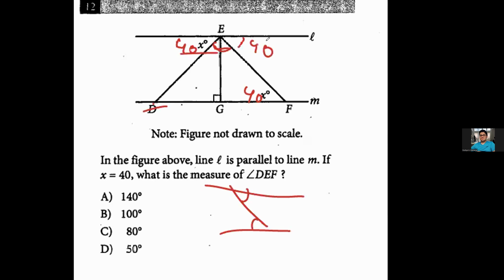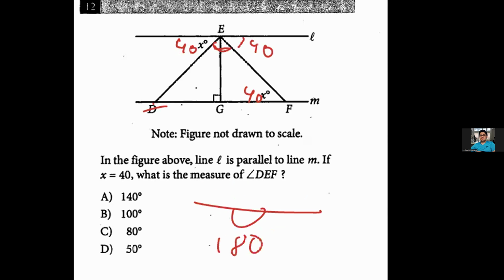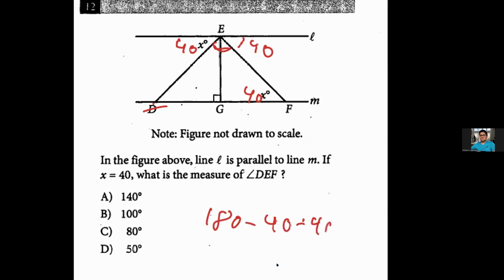So using that, we know that a straight line is a measure of 180 degrees. So we just have to take 180 and subtract the two 40s. So we just have 180 minus 40 minus 40, which gets us 100. So the correct answer is 100.